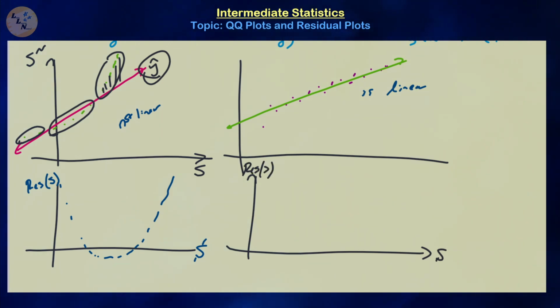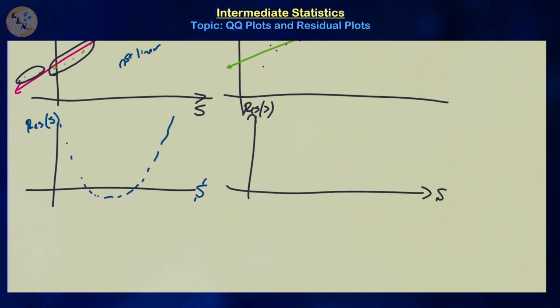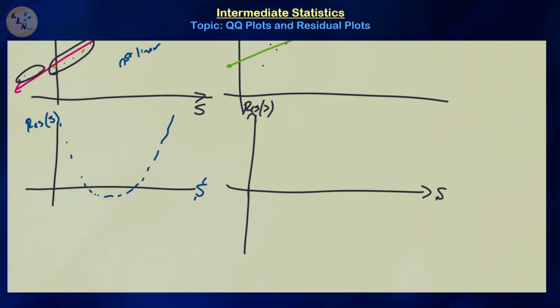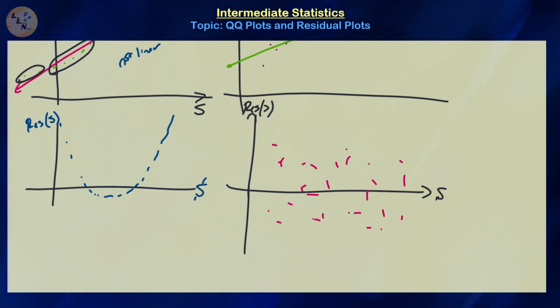So if we look at the residual plot of S and the residuals for S, and then look at the scatter plot for those points, then the points should appear to be scattered around the horizontal line. So you shouldn't be able to see any pattern for the residuals if a line truly is the best fit model for that particular data set, right?